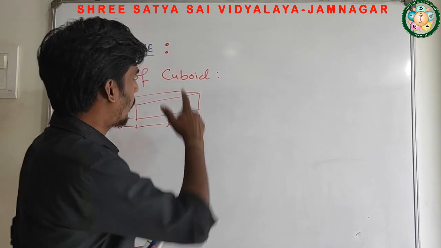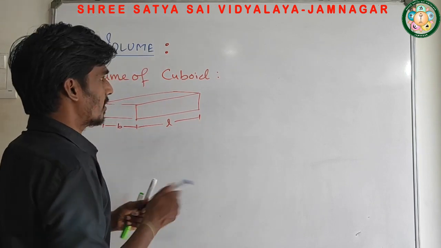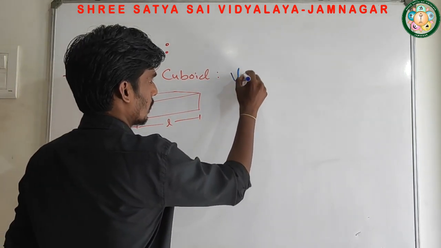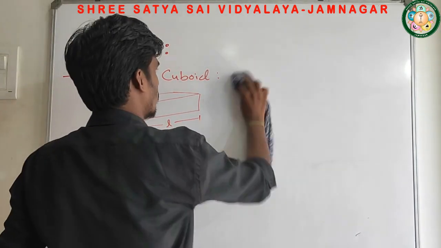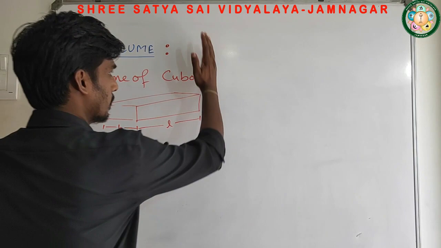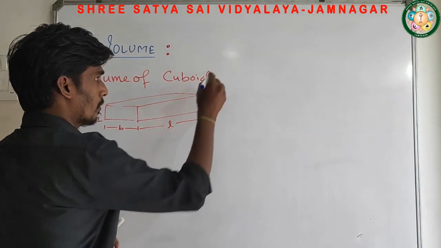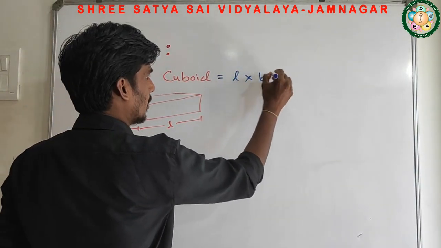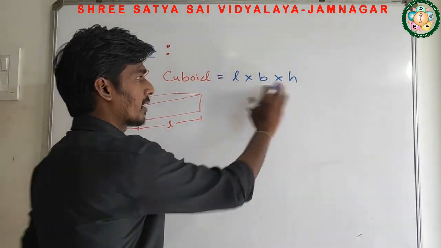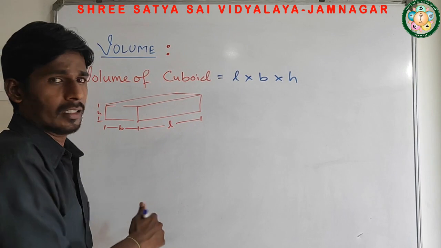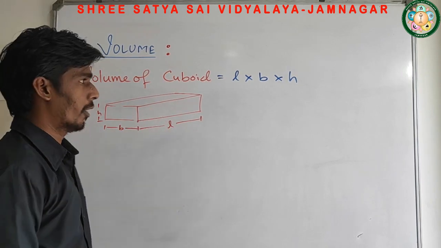So the formula to find the volume of a cuboid is L into B into H, length into breadth into height. By using this formula, it is possible to find the volume of this cuboid.